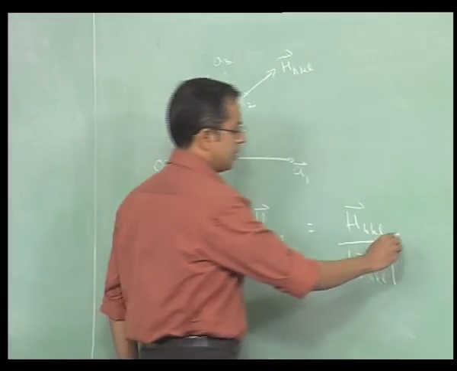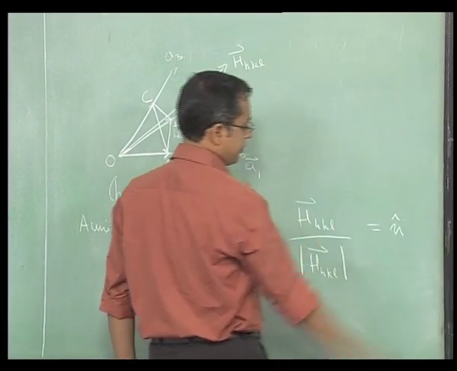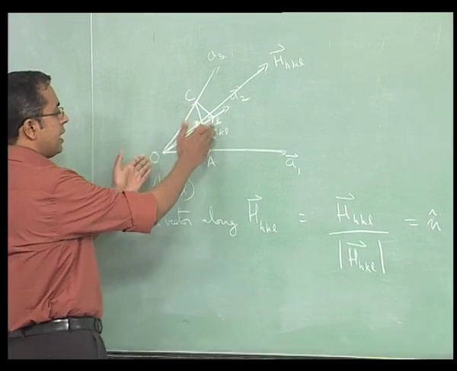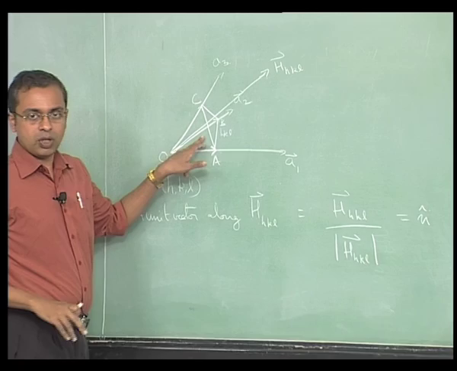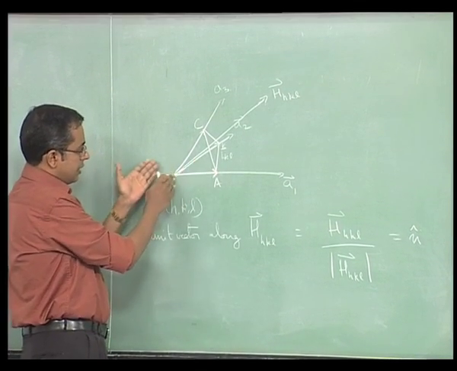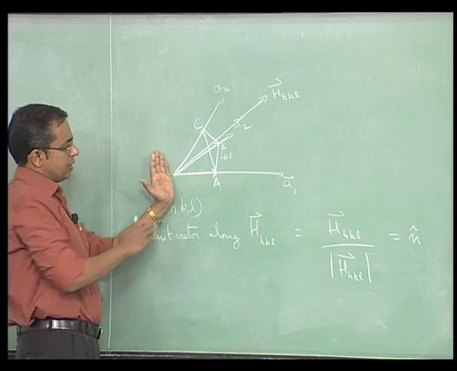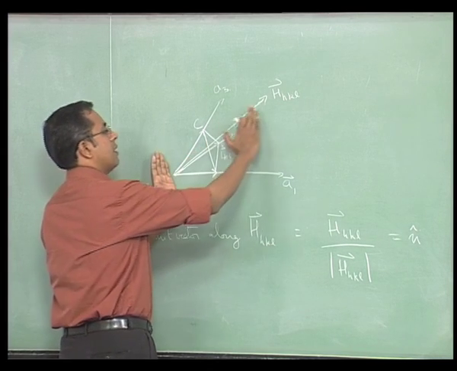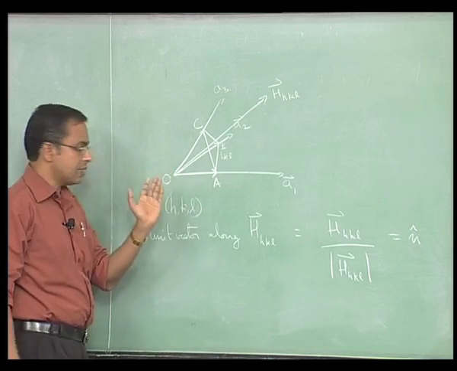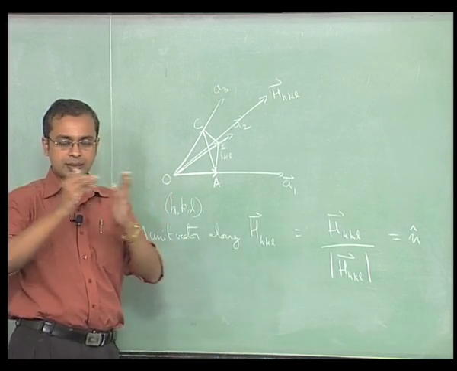We will call this n cap. Now when we say an HKL plane is defined the way we have just drawn it, we mean that there is a similar plane at the origin, then one at this location, then one similarly spaced next to it, and so on. That is the way we define a family of planes.